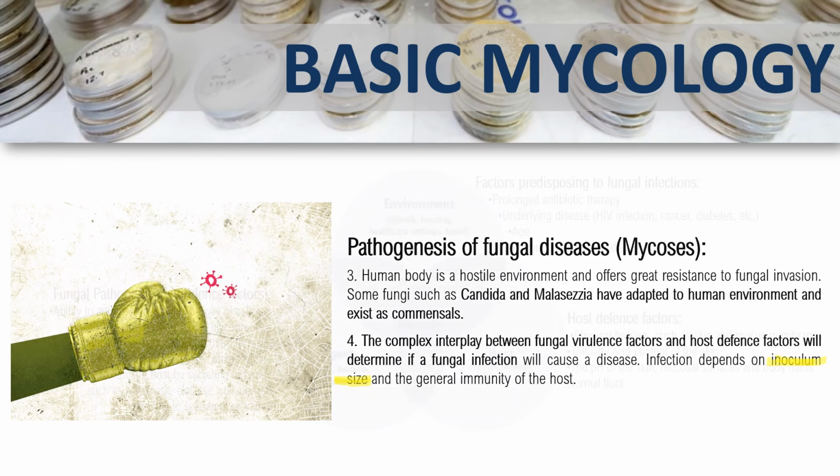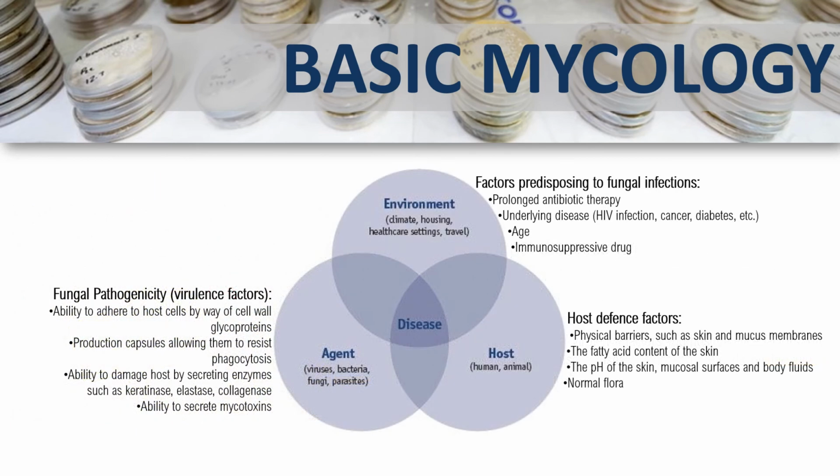To review class, we have the triad of disease. We have the agent, the environment, and the host. For the agent, of course, generally they have virulence factors, the same as bacteria. For example, the ability to adhere to the host cell, the ability to damage the host, and the ability to secrete mycotoxins.